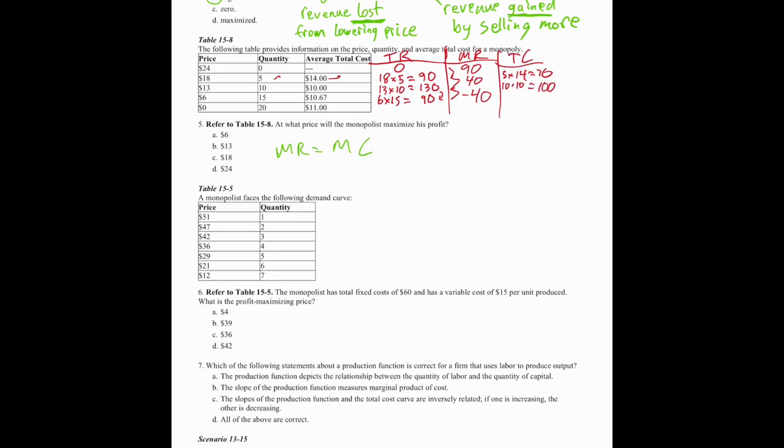And then 15 times 10.67 is something greater than 150. So then I know my marginal cost here is 30. My marginal cost here is greater than 50. So here we're not going to want to produce this because my marginal cost is higher than the marginal revenue. So we know we're going to stop at this production of 10, which means they're going to maximize their profit at 13.